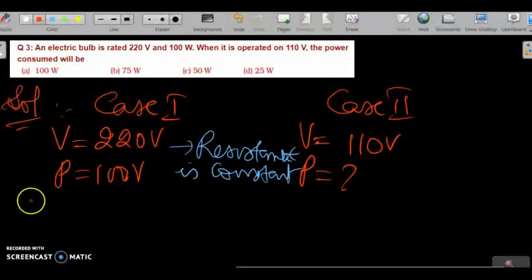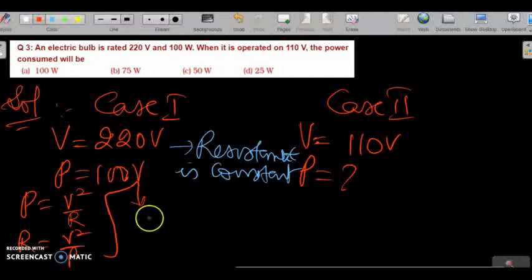So I know that power is equal to V square by R. Now I'll employ R equal to V square by P. So I work it here, children. And what is that? R equal to V square. What is V? 220.